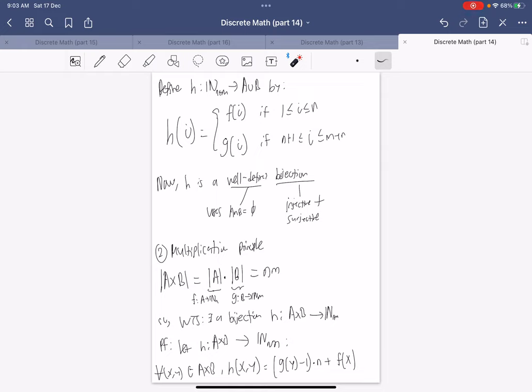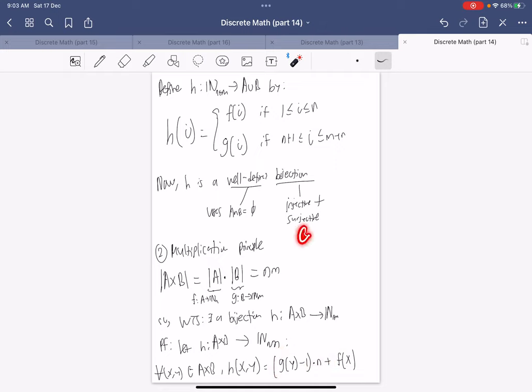So the function that I've defined makes use of the division algorithm. And I'll explain to you how people come out of this. So for any input (x, y), the output will be (g(y) minus 1) times n plus f(x).